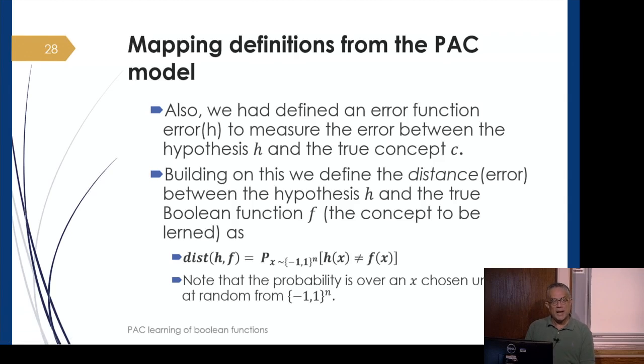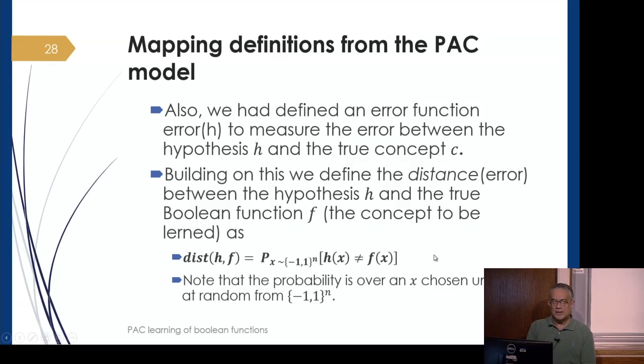In defining PAC learning, we had also defined an error function in order to quantify, if you recall, how close the concept we are learning, C, is to the hypothesis H that our algorithm, we used the letter A to denote it, produces. We would like H to be as close to C as possible.